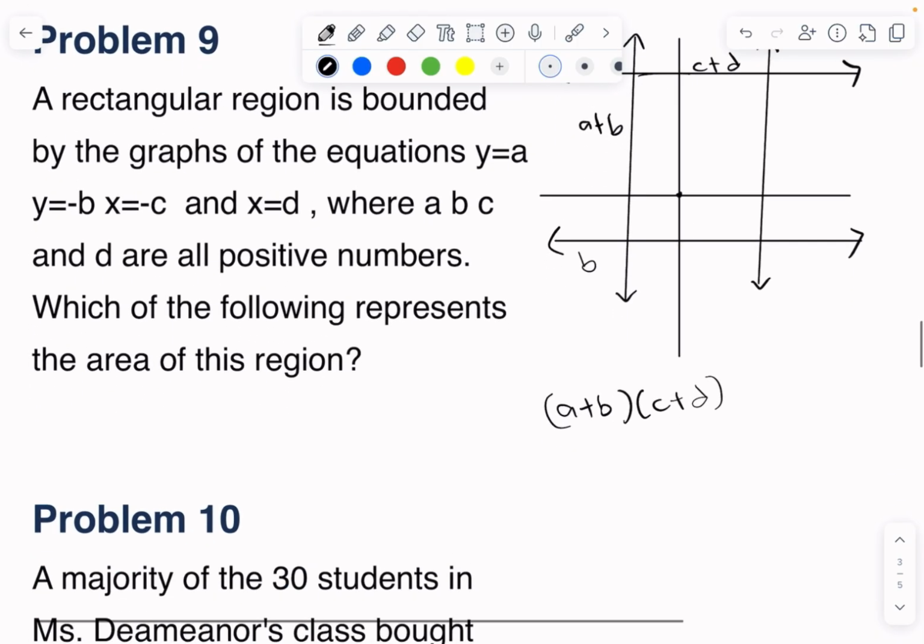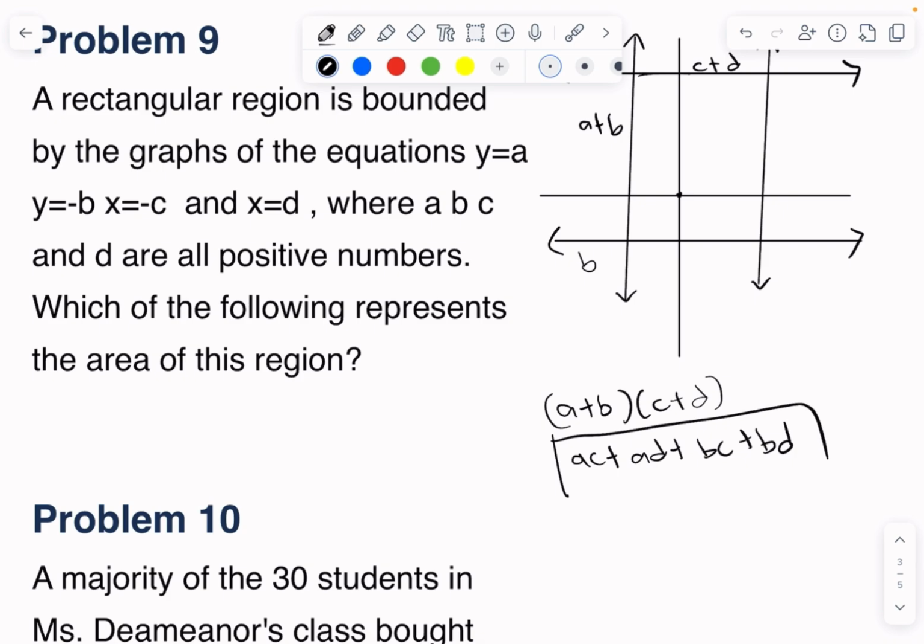If we expand this, we will get... oh, it's not ab, never mind, my bad. So it's actually ac + ad + bc + bd. And that is our answer to problem 9.